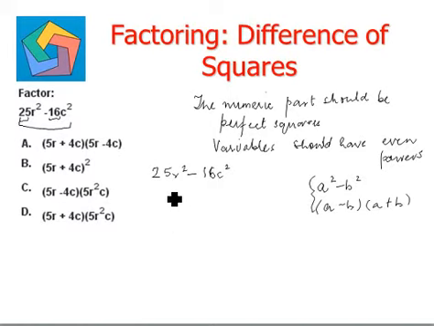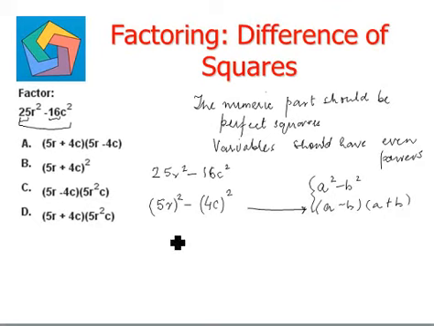Now 25 is the square of the number 5 and r squared is r only, like this we can write down. 16 is 4 squared, c squared is c, and all to the power of 2. Now we'll apply this formula, that is a squared minus b squared is a minus b and a plus b.